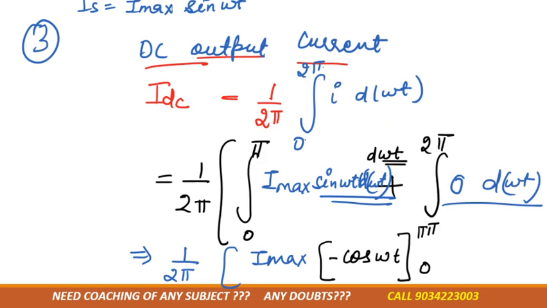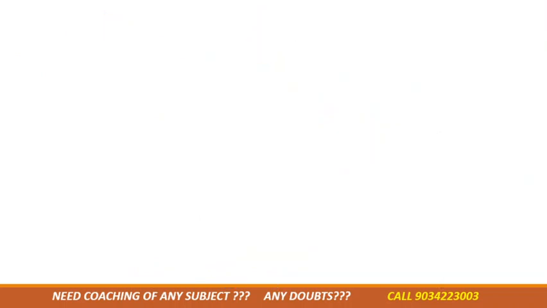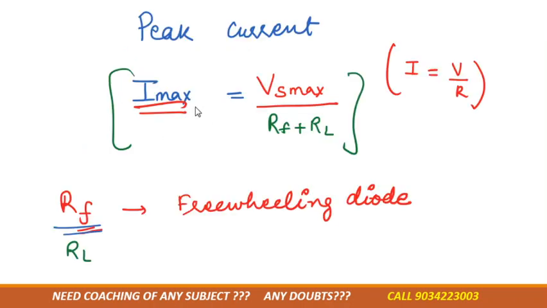Clear? If we solve it, we'll put minus cos pi minus 0. After solving it, I am telling you the final answer: IDC would be equal to I max by pi. Okay, clear? So IDC is I max by pi. In the last case we calculated the value of I max, that is Vs max divided by RF plus RL.